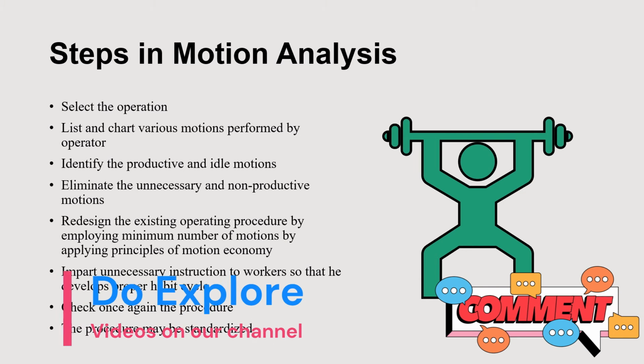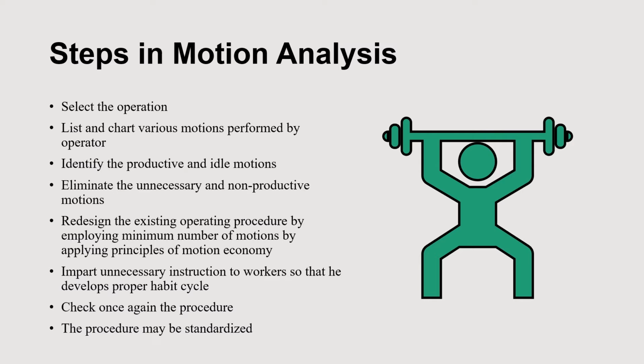Impart necessary instructions to workers so that he develops a proper habit cycle. It is very important. Check once again the procedure, and once the procedure is checked thoroughly, we can standardize the procedure. These are the steps included in the motion analysis which we will be performing for doing work study.